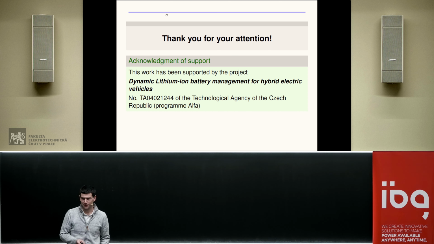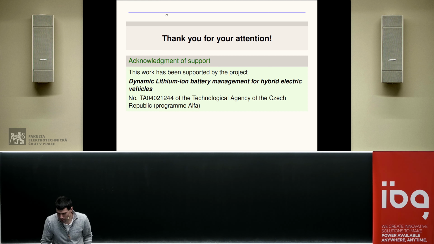Another question. Maybe I just misheard, but can you comment on the speed of computation of this model? Is it real time or 10 times real time? On the most modern hardware we would get even better performance.